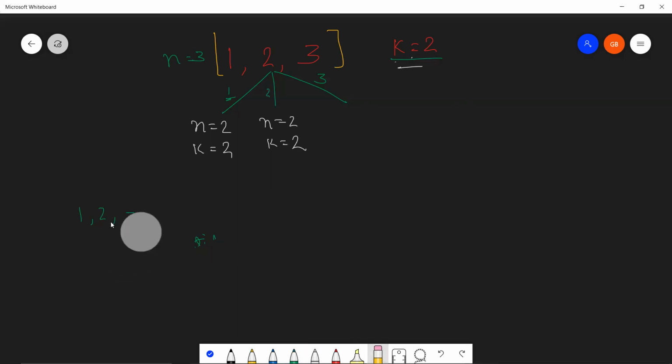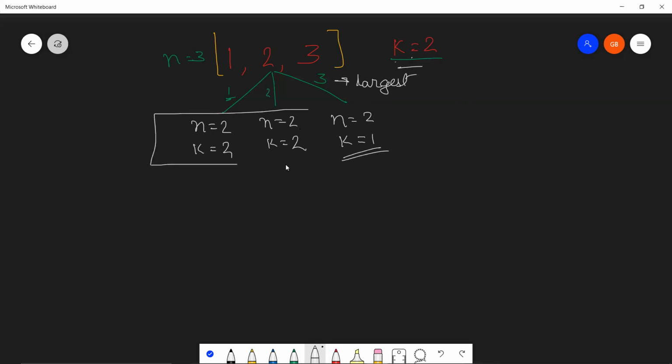So this time, since we fixed a stick, n became 2, and the fixed stick will definitely be visible, so k becomes 1. No matter what the size of n was, we get to know that for only one case, which is the largest stick, k will be decreased by 1. For every other case, we'll be decreasing n, but keeping k the same, right?